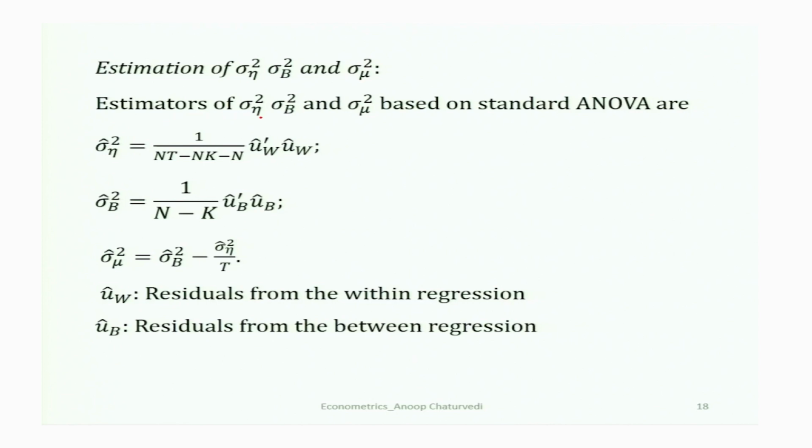The estimators of sigma square eta, sigma square B and sigma square mu based on standard ANOVA are, say, sigma hat square eta equal to 1 upon (nT minus n minus k) times u hat W transpose u hat W. So, what we do?